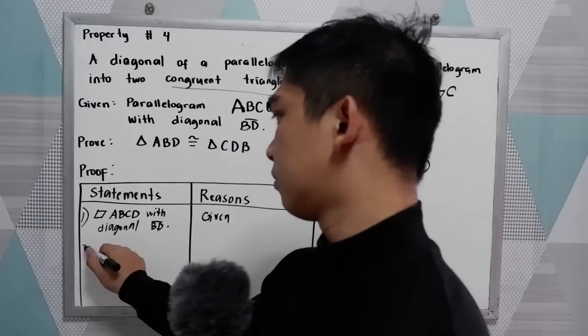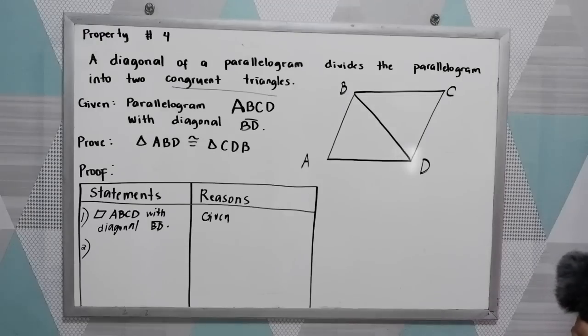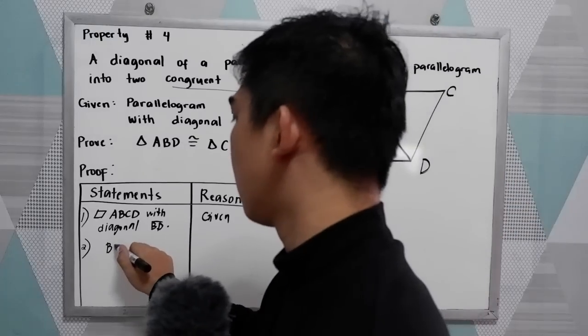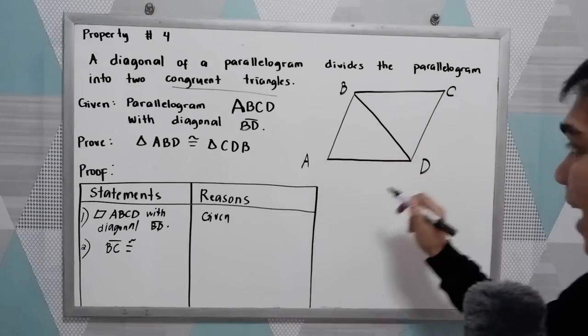Second, since the given is a parallelogram, now we're going to use the sides. Opposite sides are congruent. So side BD is congruent to side AD.